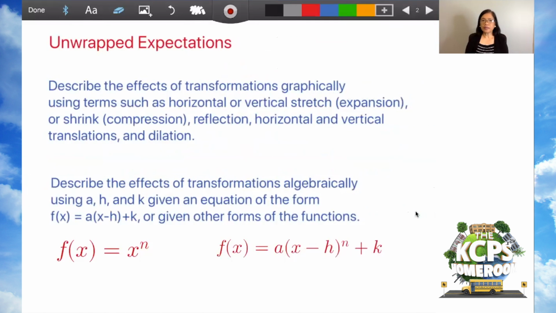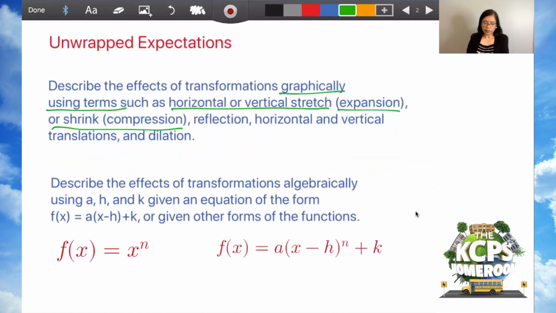So for this standard, we will focus also on the two enwrapped expectations. They are: describe the effects of transformations graphically using terms such as horizontal and vertical stretch, the expansion, or shrink, which is compression.